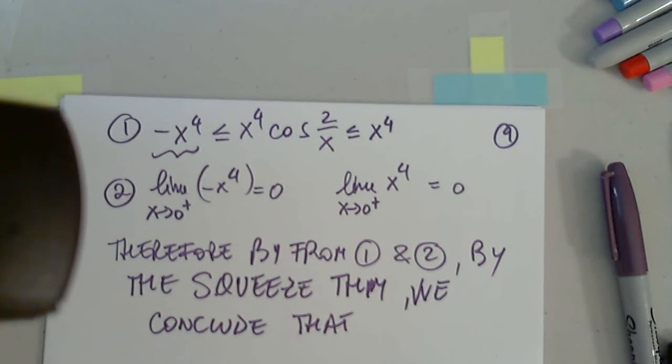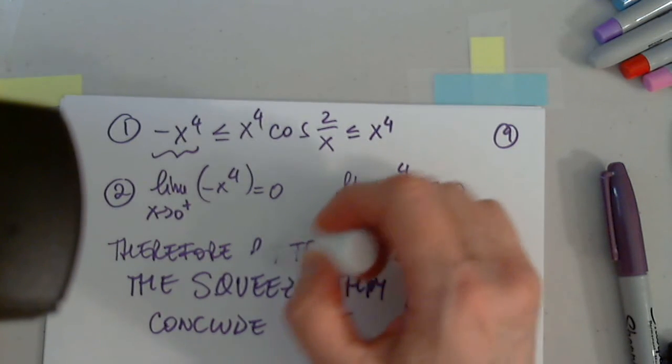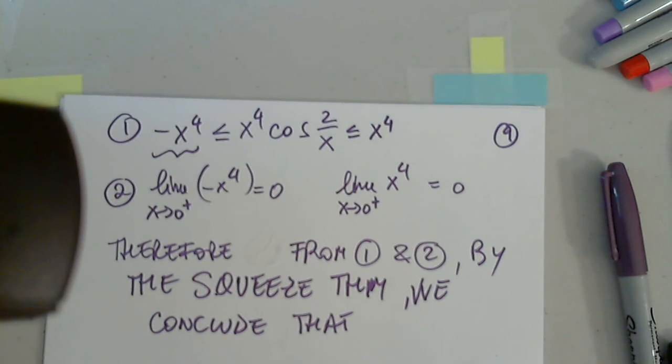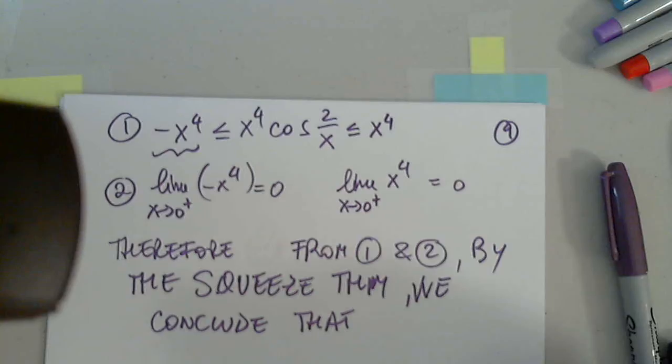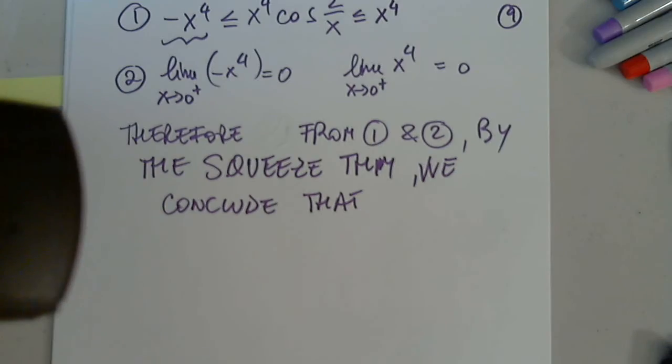The limit as x approaches 0 from the right is 0. Very good. Not of x, but of x to the 4th cosine. Did you say h or did you say just x? Of the entire function. That's excellent.